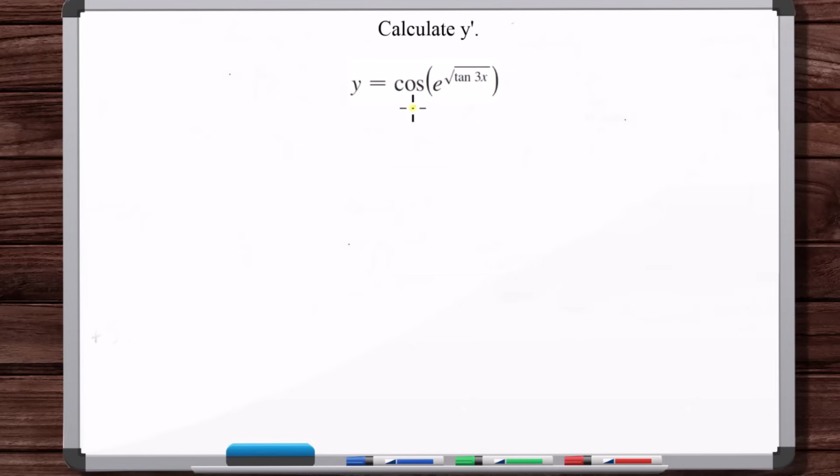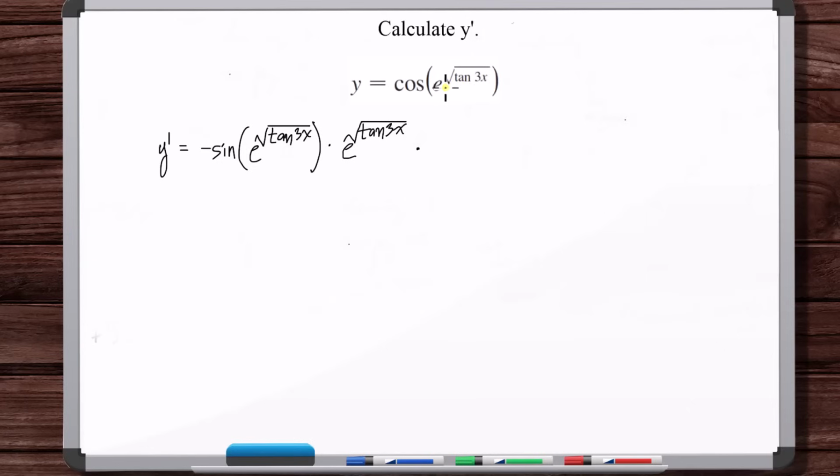Okay, chain rule. What is the derivative of cosine of something? It's minus sine of that something times the derivative of that something. What is the derivative of e to the something? It's just e to that something times the derivative of that something.